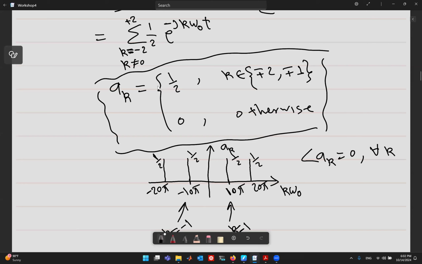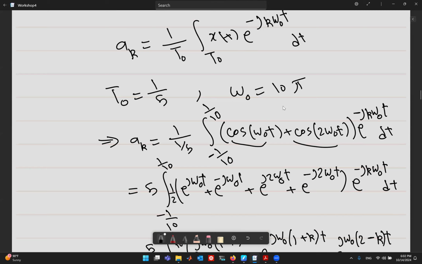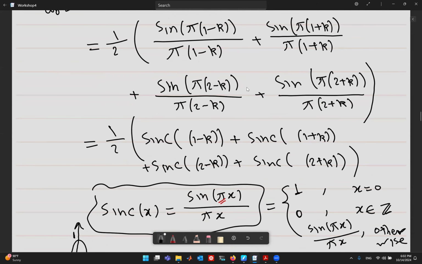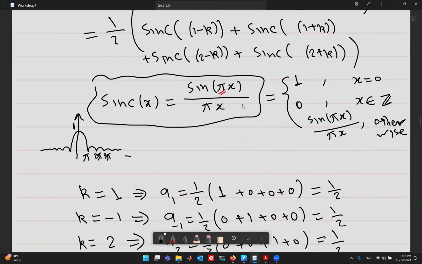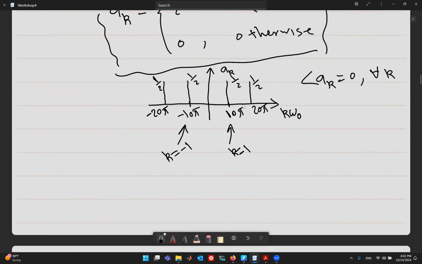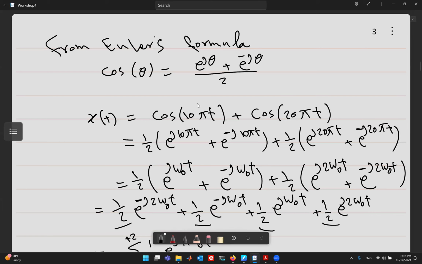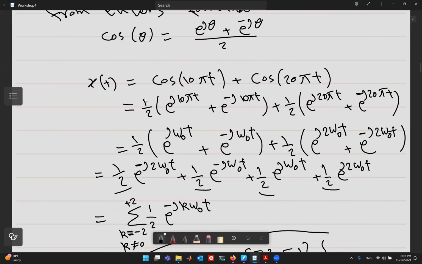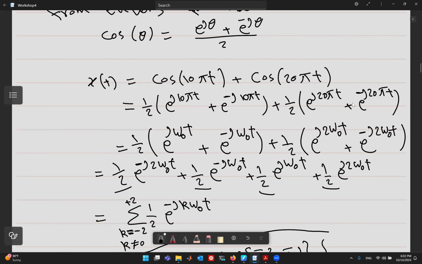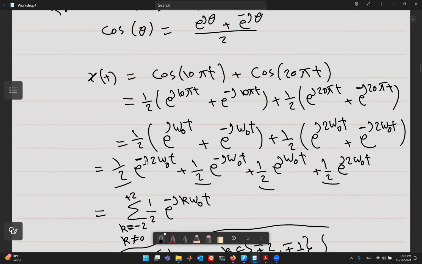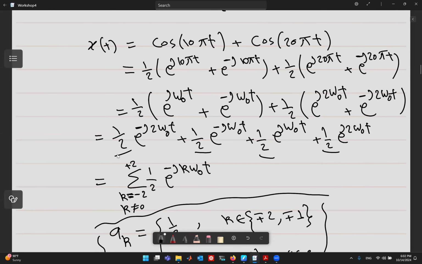Ak is always 1/2 for k equals plus or minus 1 and plus or minus 2, and 0 otherwise. We have got the same thing, but this is a longer way. And whenever you see cosines or sines, you shouldn't go that way. You should directly use Euler's formula and inspect what you get to see the coefficients.